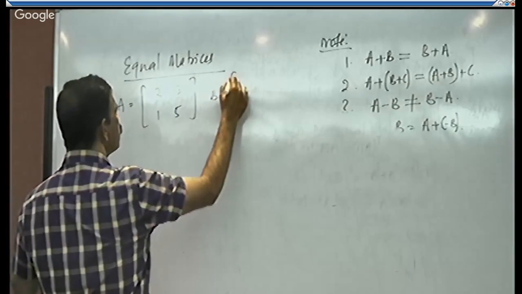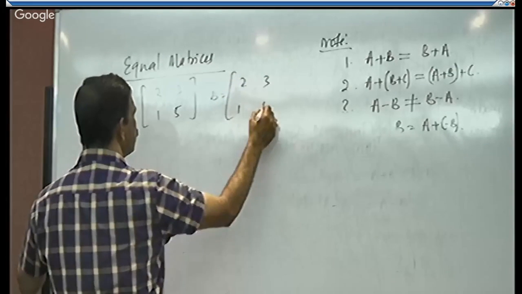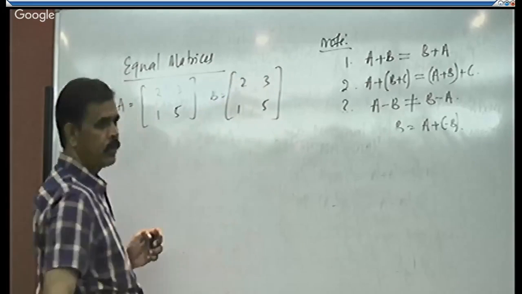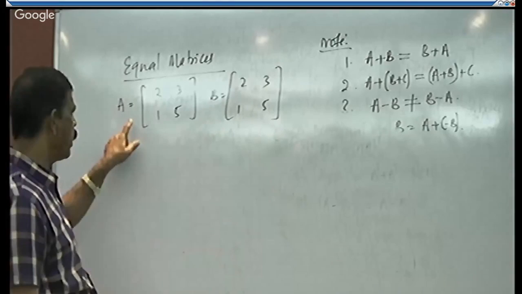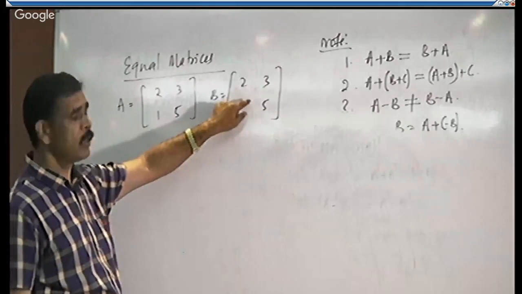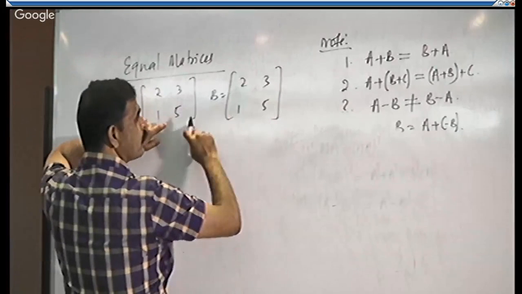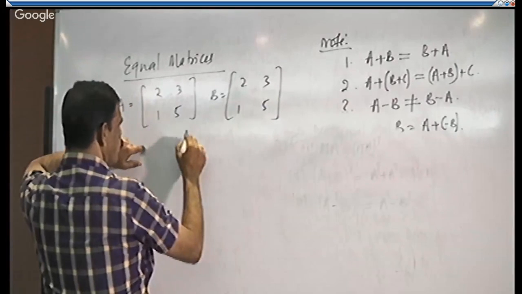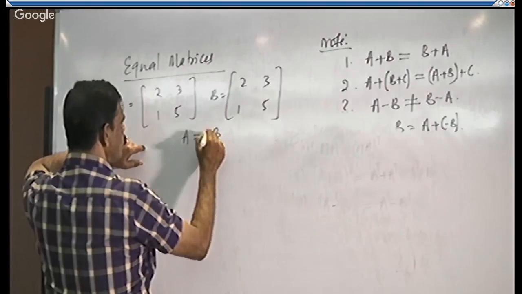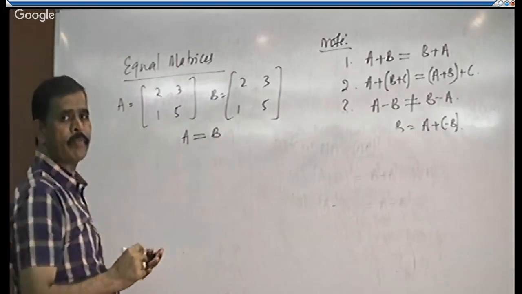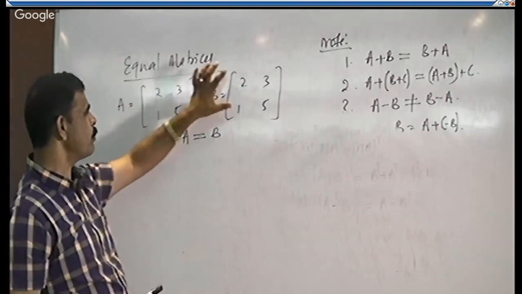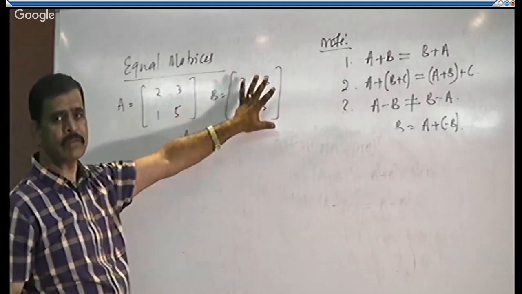B is equal to 2, 3, 1, 5. What is order? A and B are having same order. See the corresponding elements 2, 2, 3, 3, 1, 1, 5, 5. They are same. Definitely A is equal to B. No doubt. Because orders are same, corresponding elements are also same.